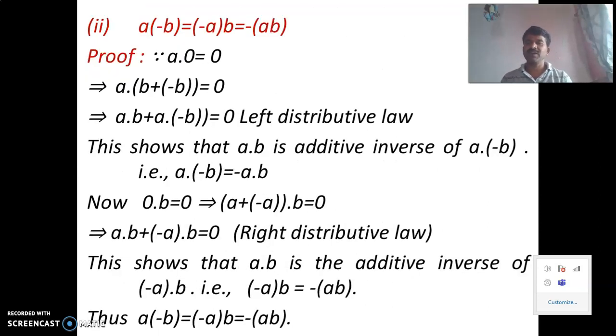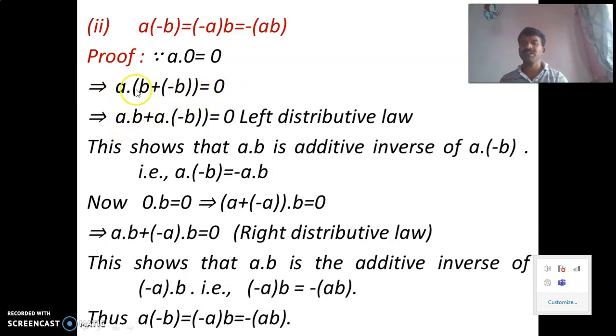The second property is A of minus B equals minus A into B, which equals minus of AB. By taking the previous result that A dot 0 is 0, and replacing 0 by B plus of minus B, we get A dot of B plus of minus B is 0.